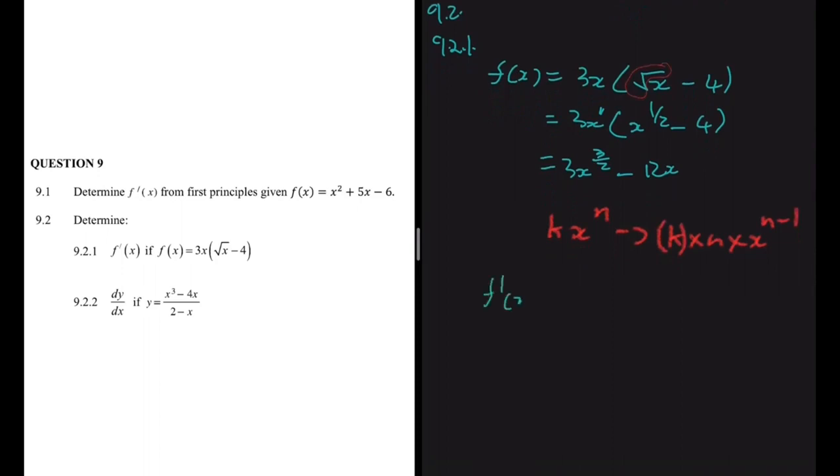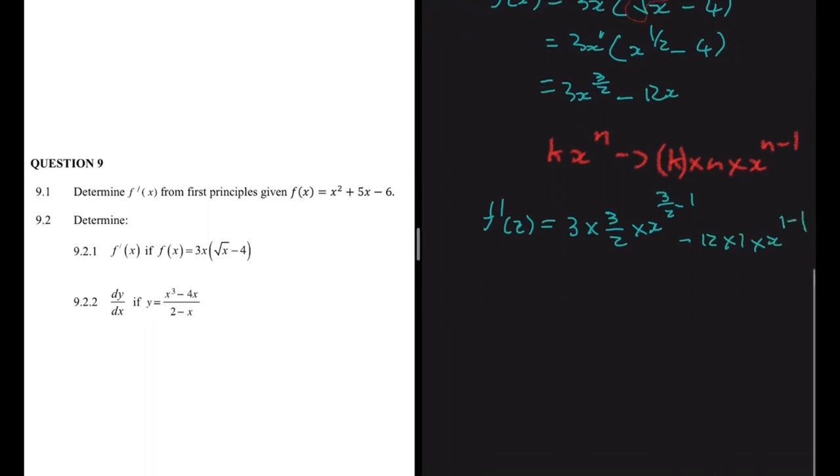So we have f prime of x being equal to, so we're going to have 3 multiplied by 3 divided by 2 multiplied by x to the power 3 divided by 2 minus 1. And then let's apply the same to 12x. We're going to have minus 12 multiplied by 1 and then multiplied by x to the 1 minus 1, right? So this will be equal to 3 multiplied by 3 divided by 2, 3 multiplied by 3, that is 9.